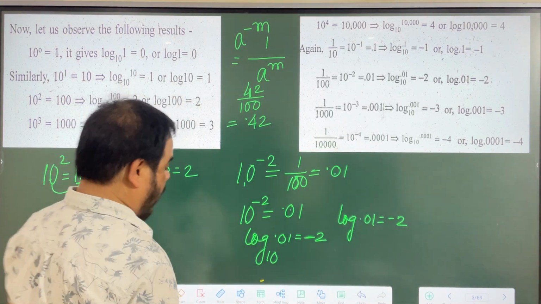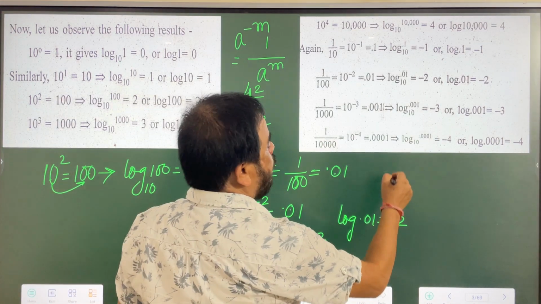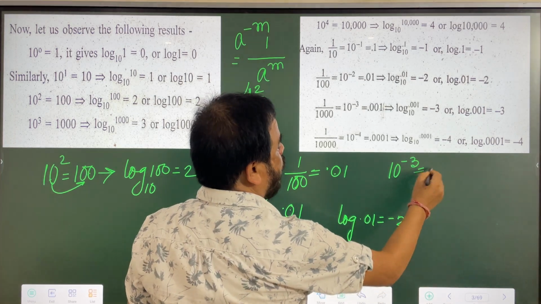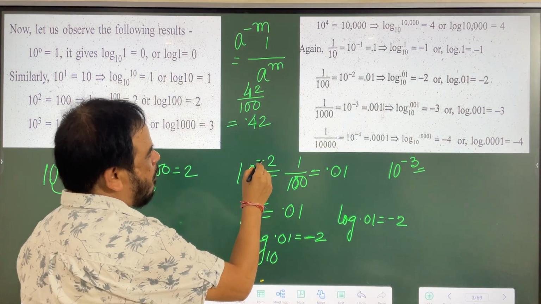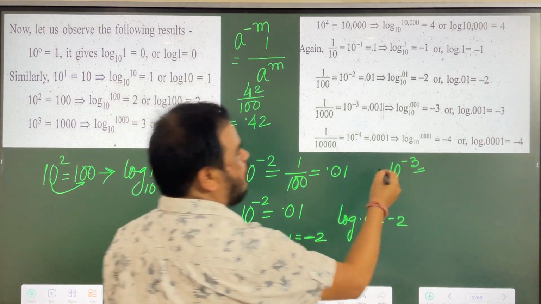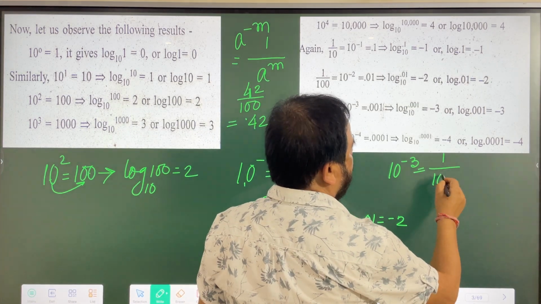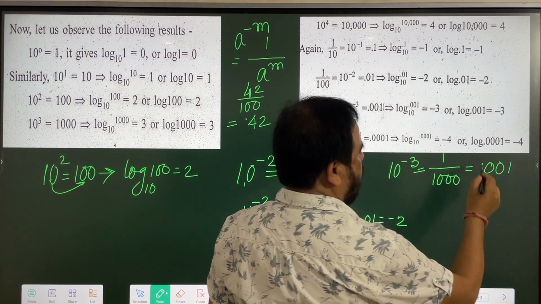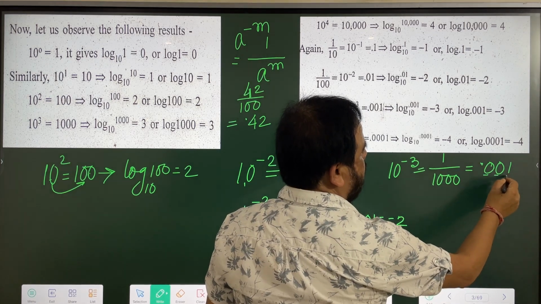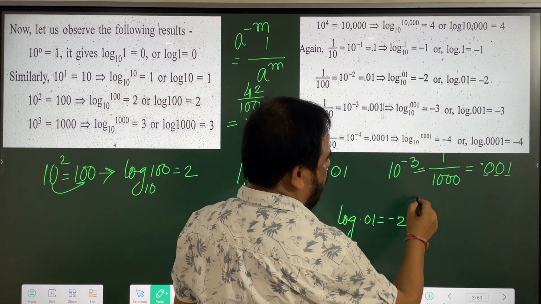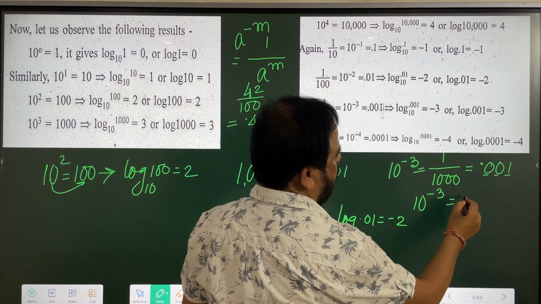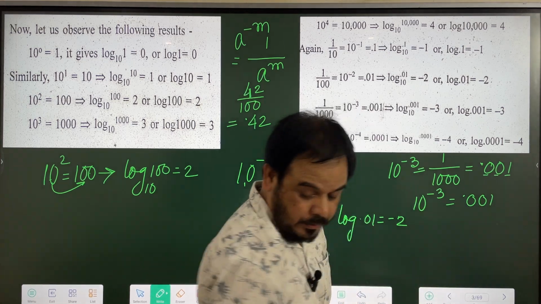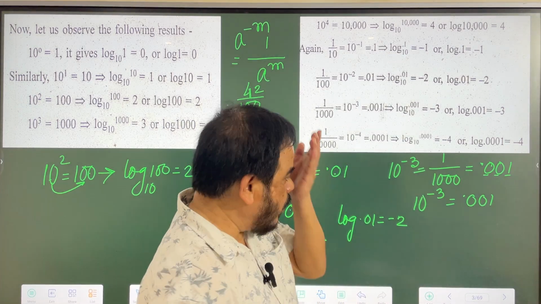I will show you one more example. 10 to the power minus 2 is 1 by 100, so 10 to the power minus 3 will be 1 by 1000, or we can write 0.001, three digits after the decimal because 3 zeros are there. So 10 to the power minus 3 equals 0.001.